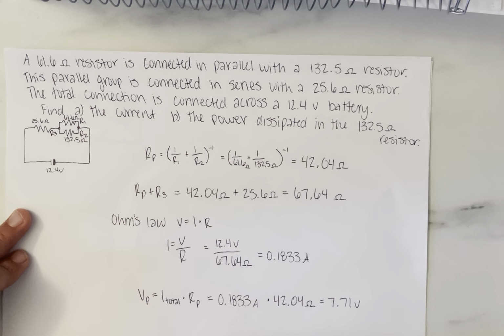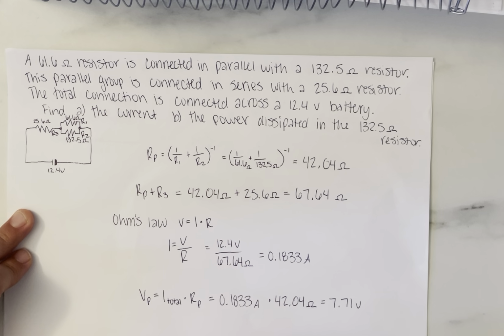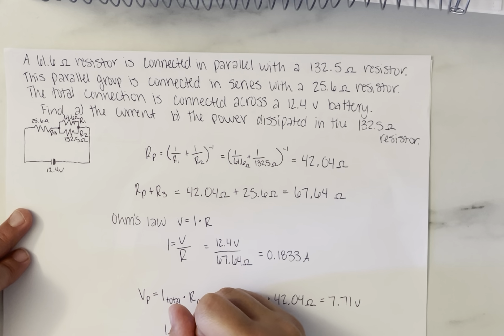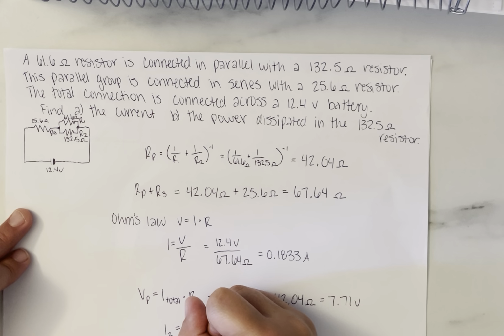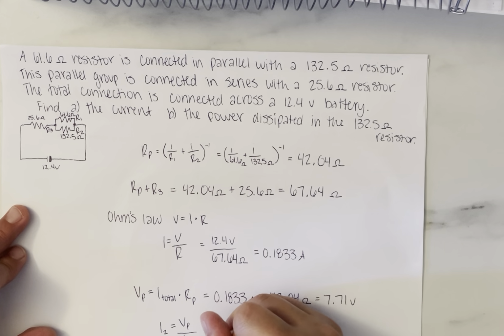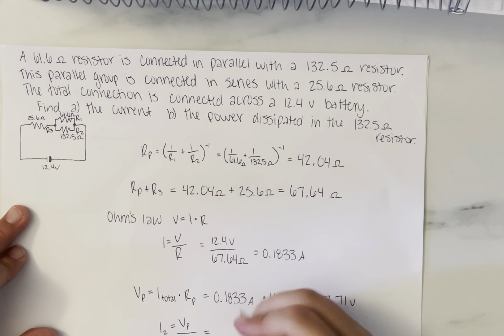So now we can take Ohm's law for the specific branch, and we get that the current is equal to the parallel voltage over the resistance of the specified resistor.